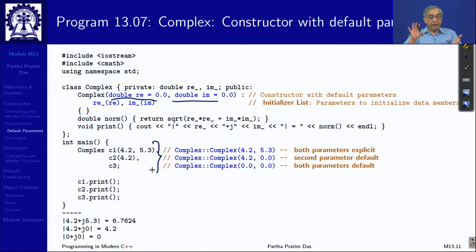So if I have defaulted both the parameters, I can instantiate it with only one, which will be the RE, or instantiate it with both, which will be RE and IM. Right? So there is nothing new in this over what we have already seen in functions.